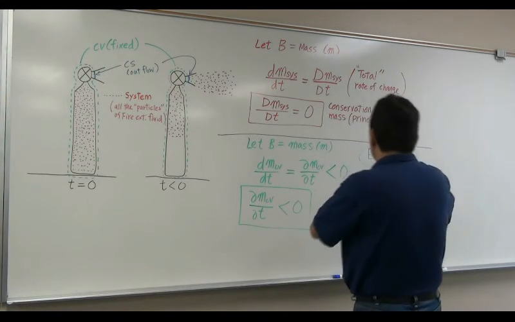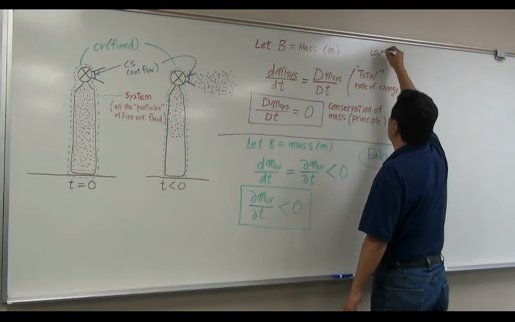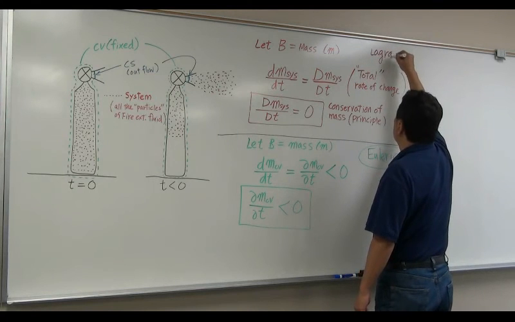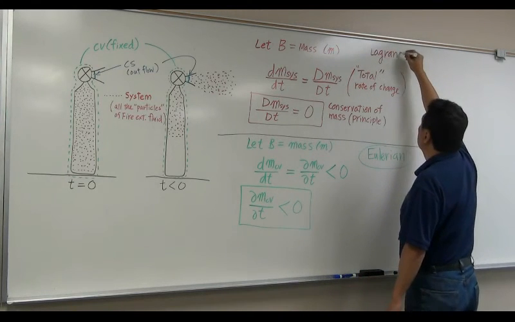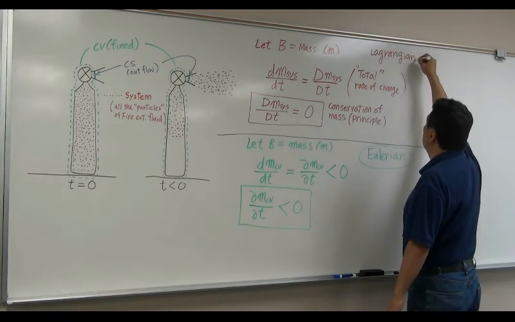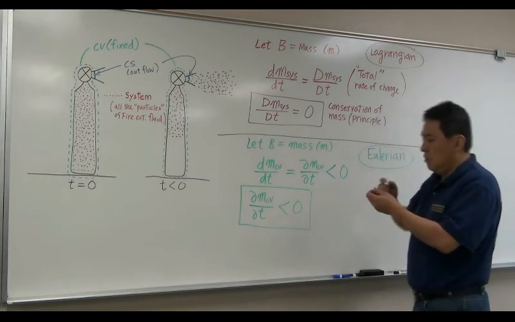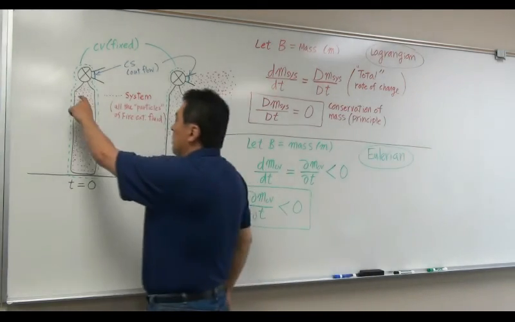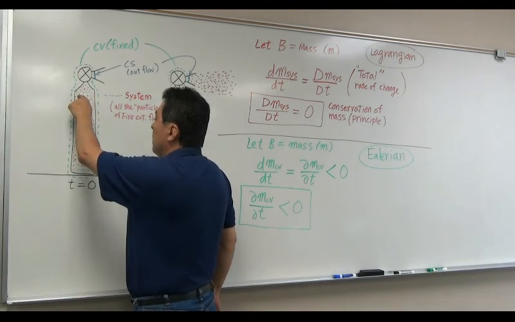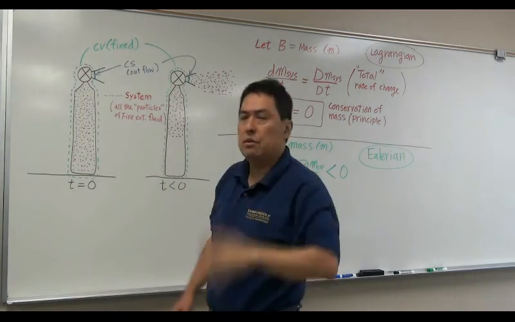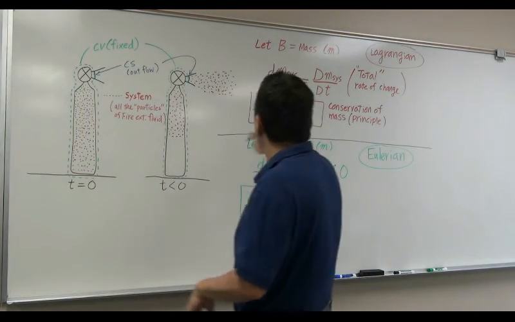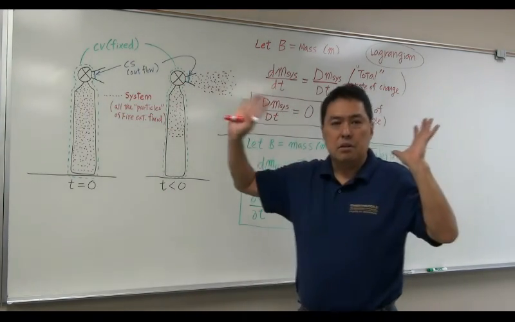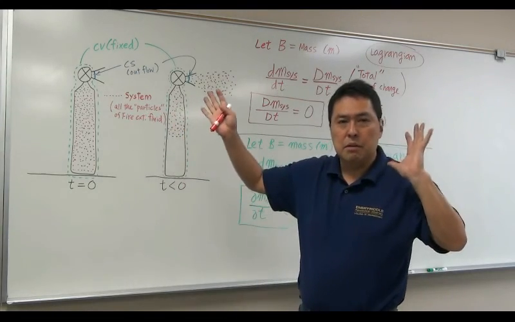This one, Lagrangian, is typically the scientific, mathematical approach. Based on this approach, if you keep your eye on this small tiny particle, this particle's mass never changes no matter where you go. Oh, that's so nice, it's always true, but how practical is that?